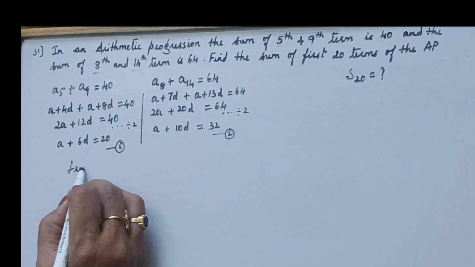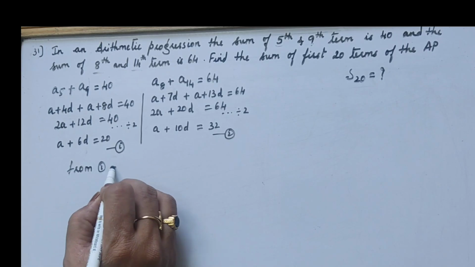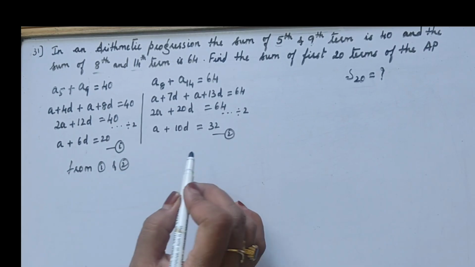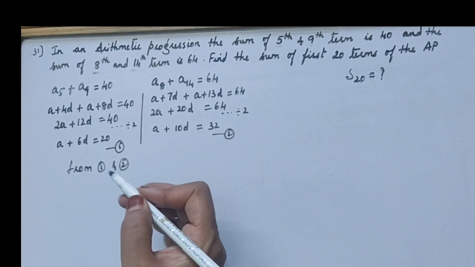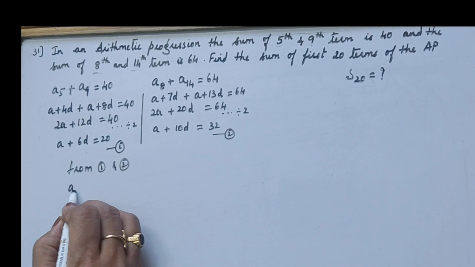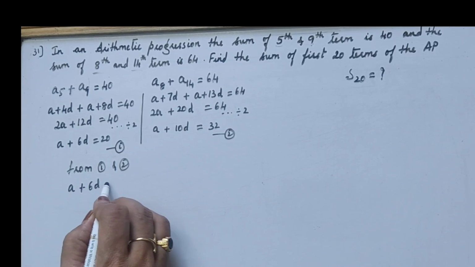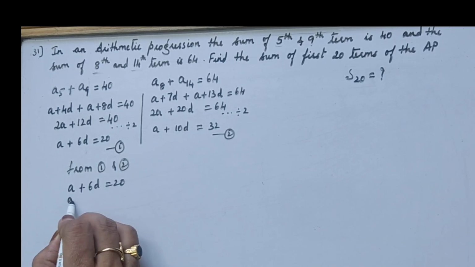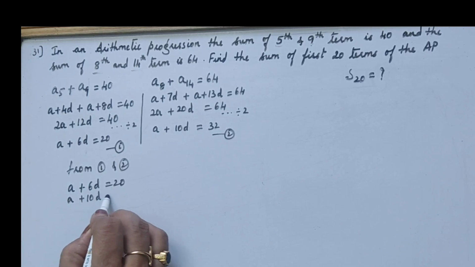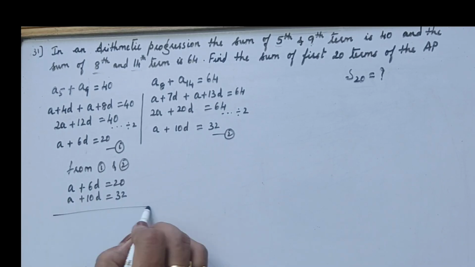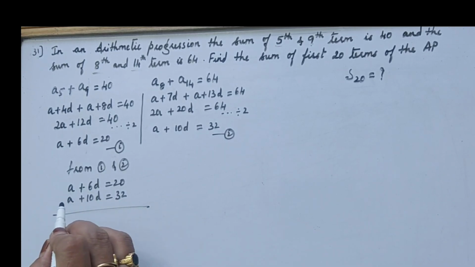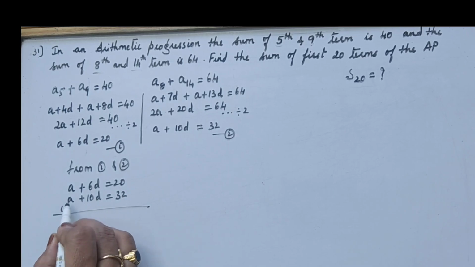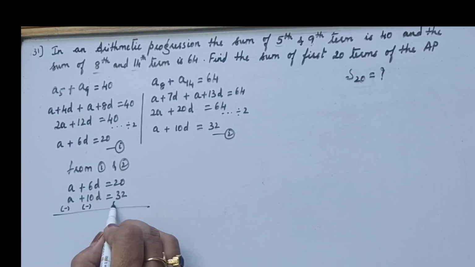Now from equation 1 and 2, we will go with the elimination method here to find the values of A and D. A + 6D = 20 and A + 10D = 32 we get here. Now as the coefficients are same, we'll just change the sign so that we can cancel this easily.